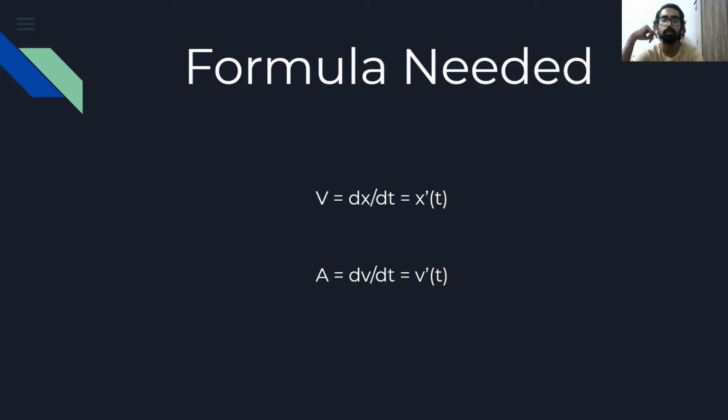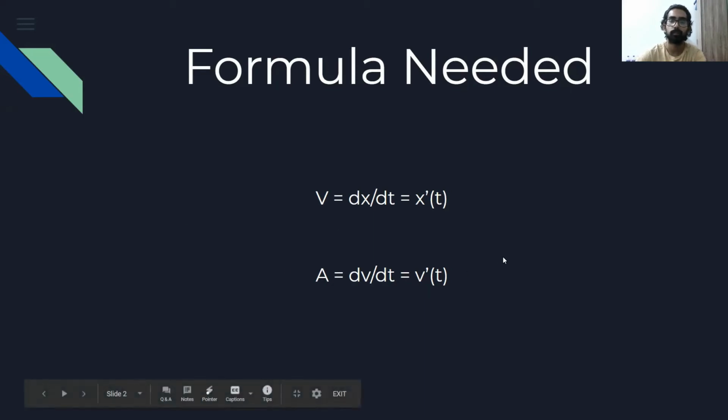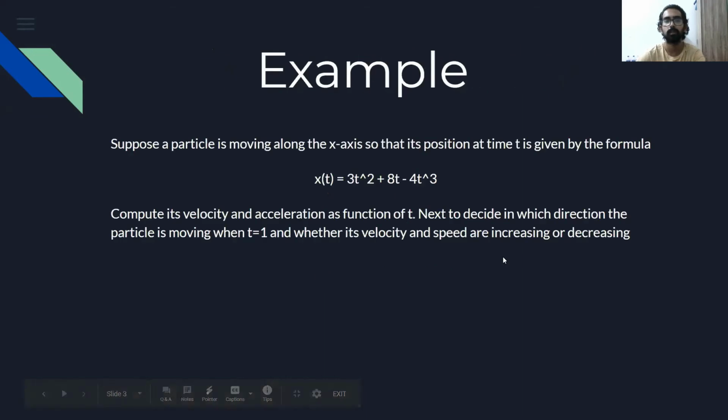This equation also accounts for direction, so the distance could be negative depending on which direction the object is moving from the reference point. As I said, these two are the main formulas that we'll be needing.